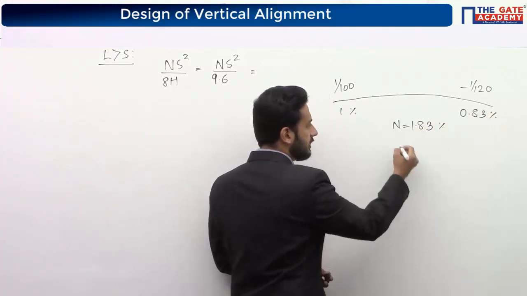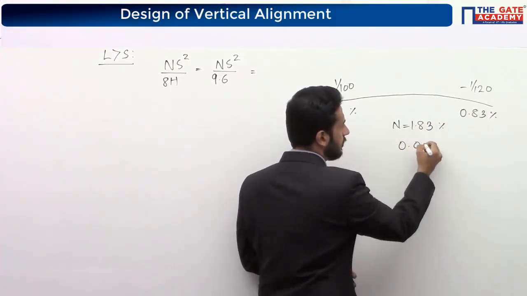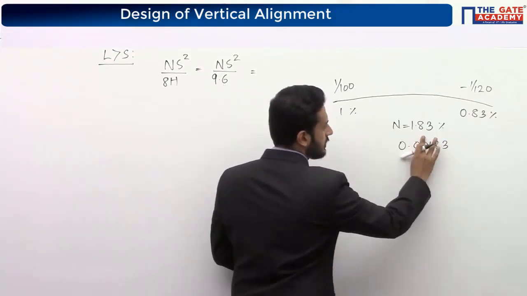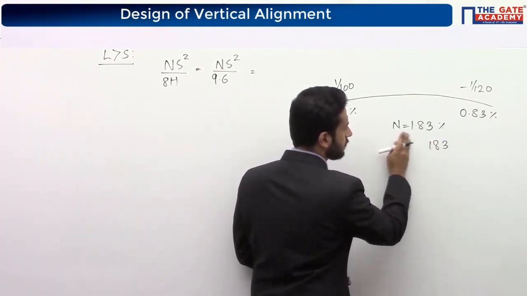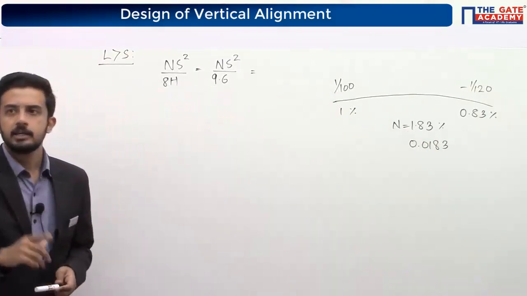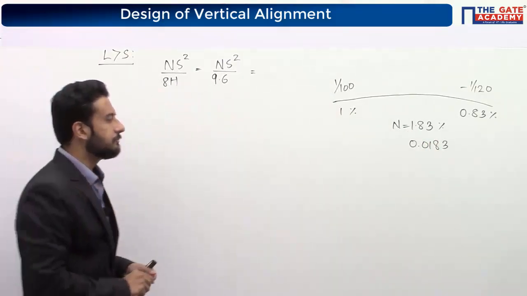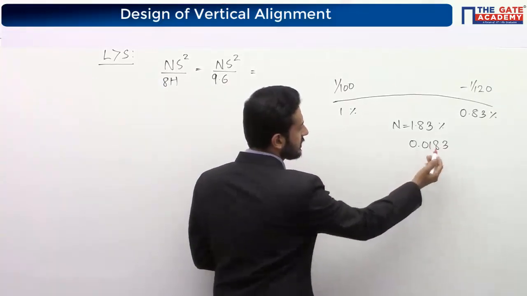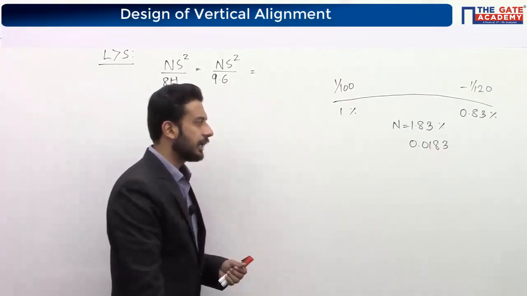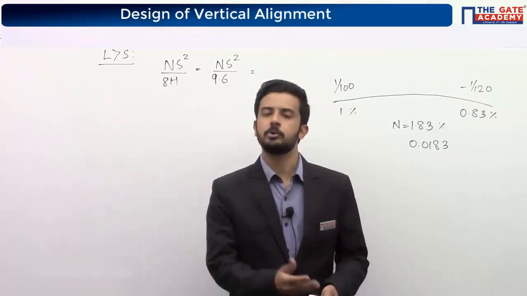So in the question, what do I have to take? 0.0183. Correct? Sorry, 0.0183. That's what you have to take. Always remember, if you are directly calculating, you will get this value, 0.0183. So in the calculation, don't simply take 0.01, 0.02 like that.